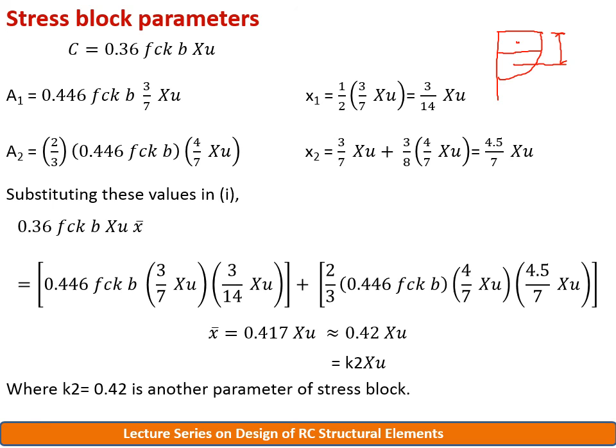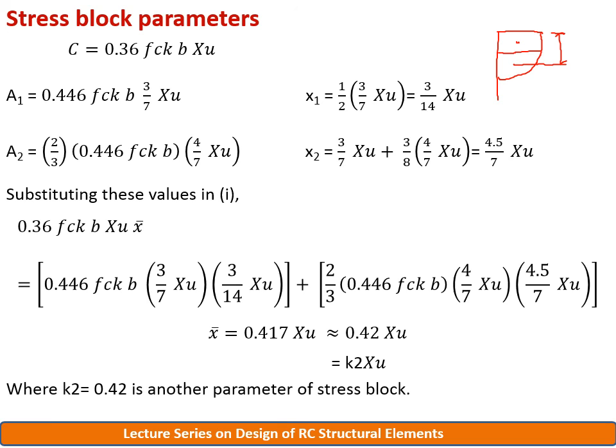Now substituting all these values in the previous equation, C into x bar is equal to A1 x1 plus A2 x2, we get x bar equal to 0.417 XU. This value 0.417 XU can be approximated to 0.42 XU, and this 0.42 is nothing but the K2 value, the second stress block parameter.